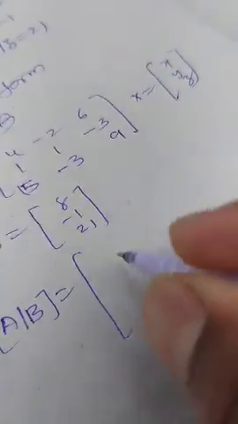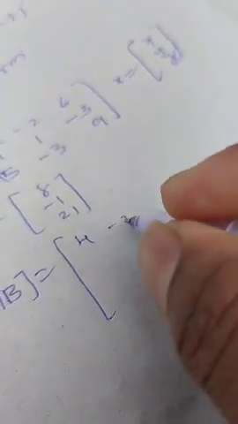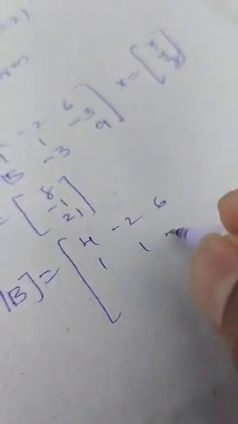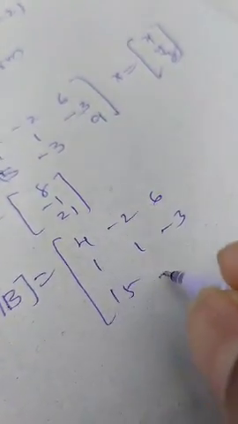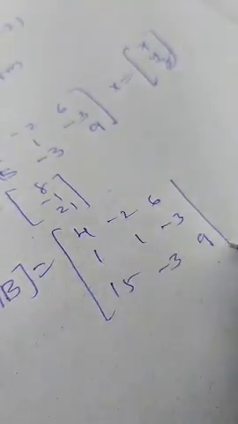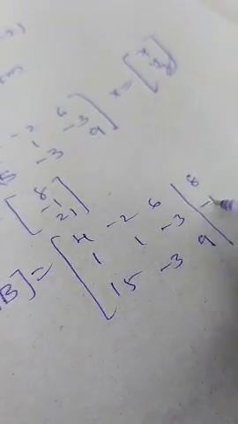So the B matrix is 8 minus 1 21. Now the augmented matrix AB: 4 minus 2 6, 1 1 minus 3, 15 minus 3 9, and inside the B column 8 minus 1 21.